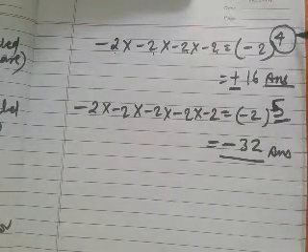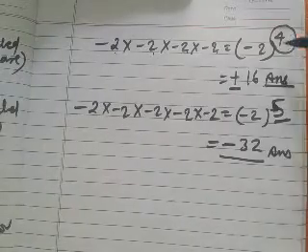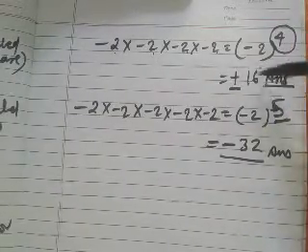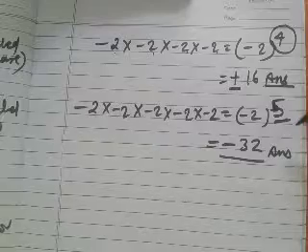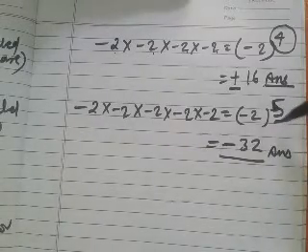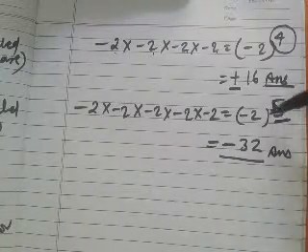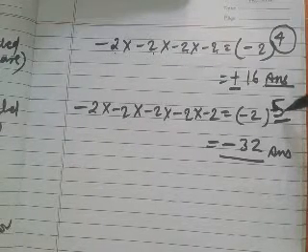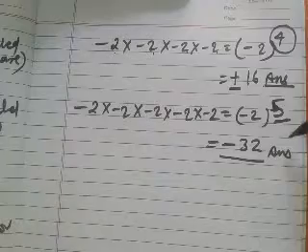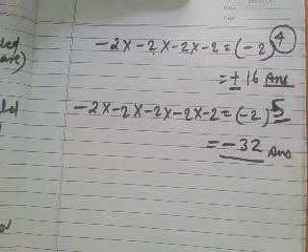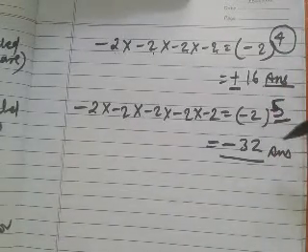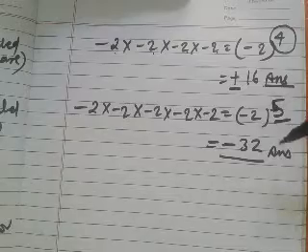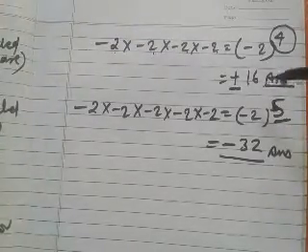If the power is an even number, we always get a positive number, and if the power of a negative number is an odd number, we get a negative answer, as you see in these two examples.